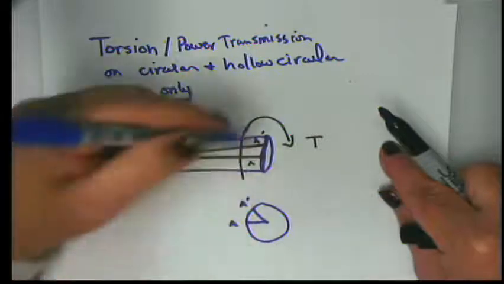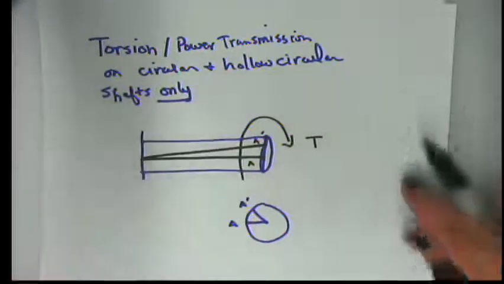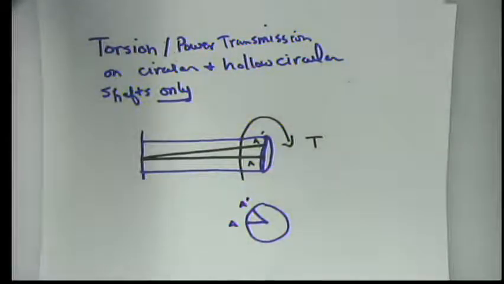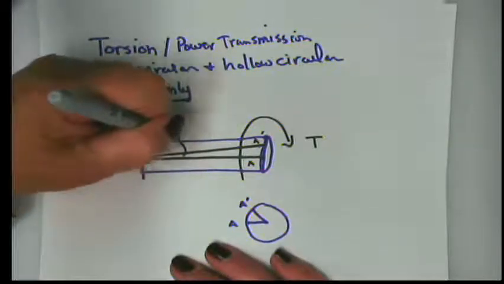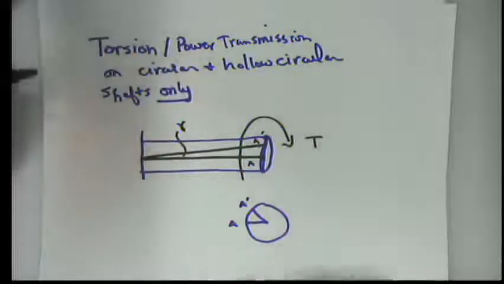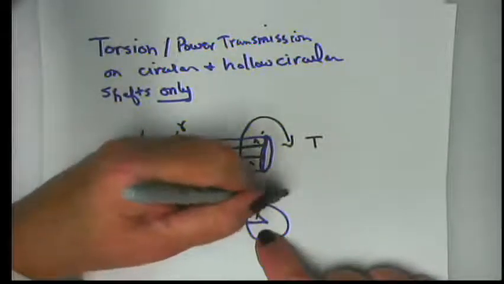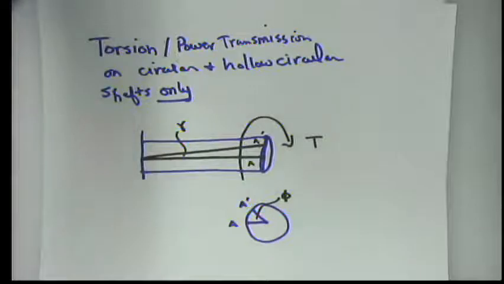And since this arc is the same as this, there is a relationship between the angle of, this is referred to as gamma or shearing strain, this is referred to as phi or angle of twist.